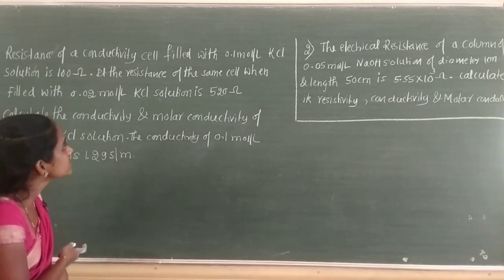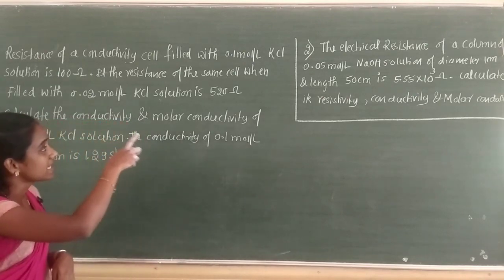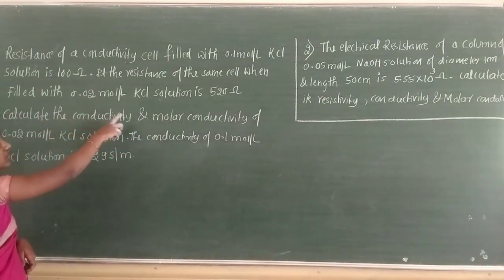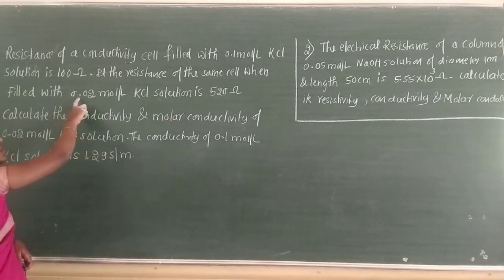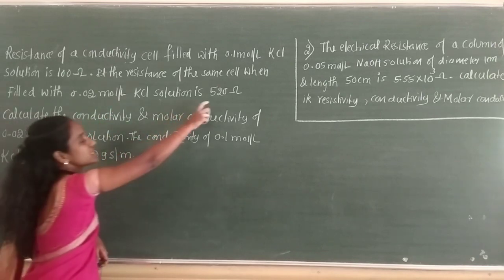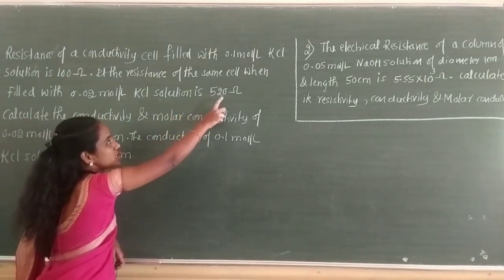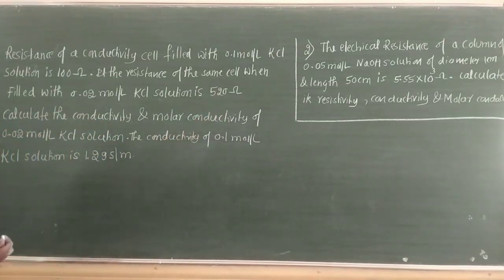If the resistance of the same cell, when it is filled with one more potassium chloride solution whose concentration is 0.02 mole per liter, is found to be 520 ohms, calculate the conductivity and molar conductivity of 0.02 mole per liter potassium chloride solution.